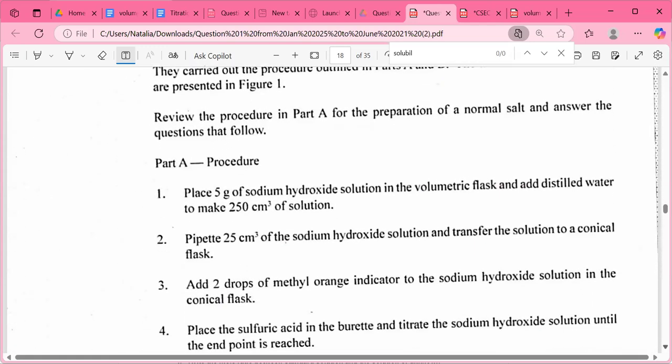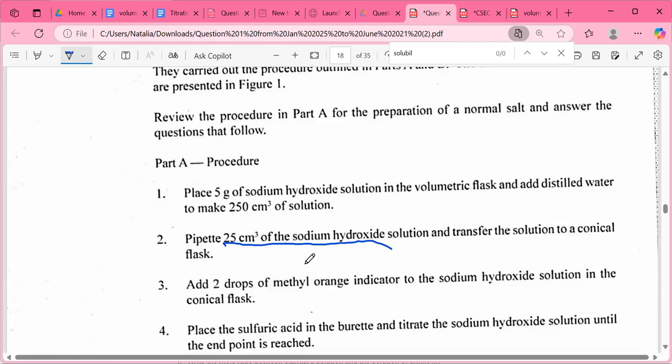Procedure: place 5 grams of sodium hydroxide into a conical flask and add distilled water to make 250 centimeters cube of the solution. Pipette 25 centimeters cube of sodium hydroxide. So this is the volume of the standard solution. This is the volume of the solution of unknown concentration that we're going to be using.